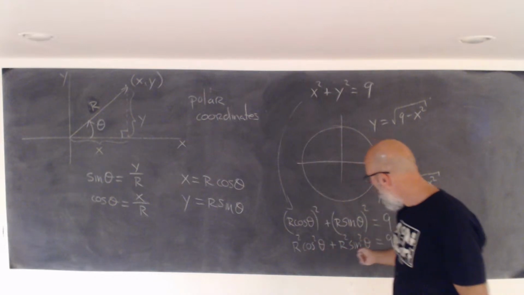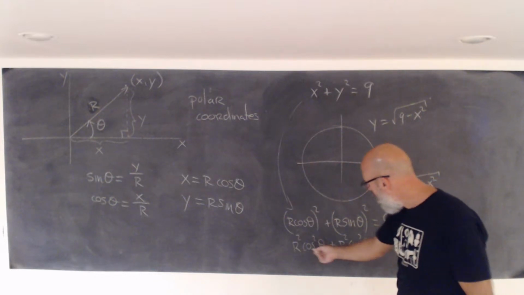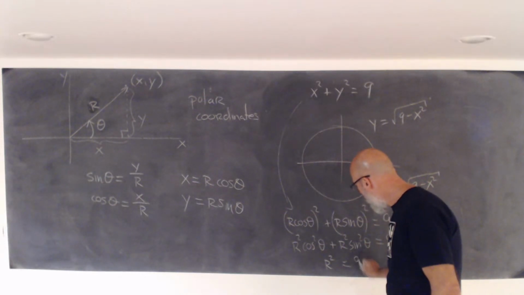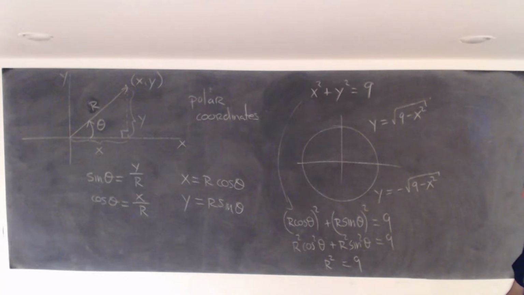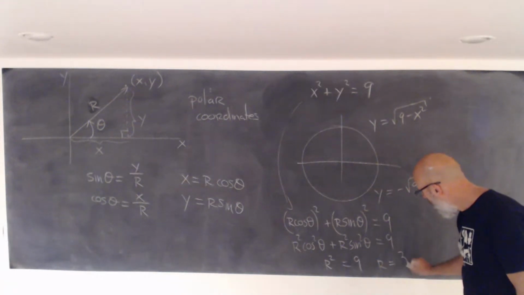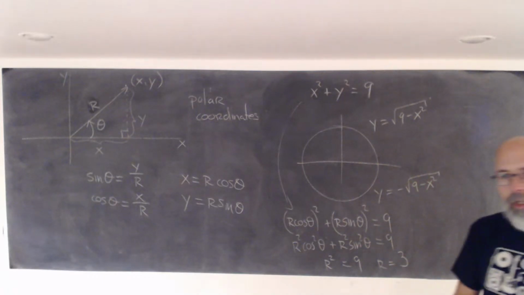So if you factor out an r squared, you get cos squared plus sine squared, which is just 1. In other words, r is plus or minus 3.